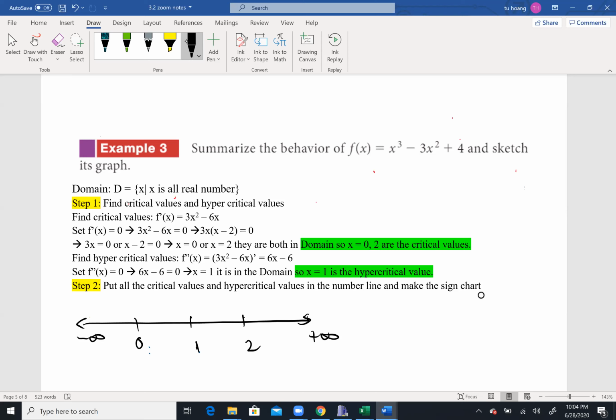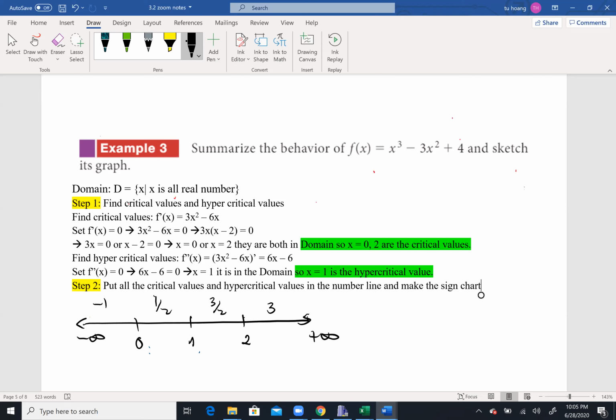Okay, and right now I'm having 1, 2, 3, 4 intervals. Okay, let me make this 1, 2, right? I will test -1. I will test 1/2. I will also test 3/2, and I will test 3.